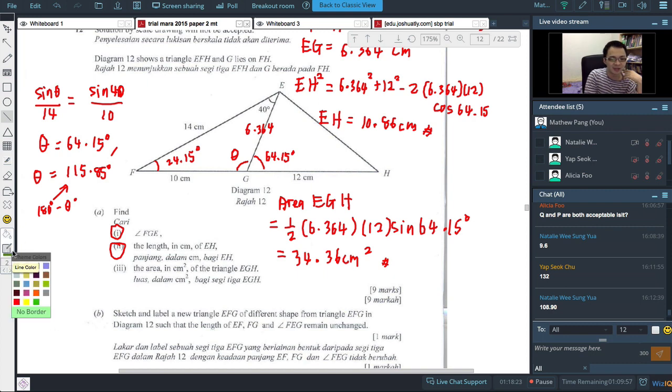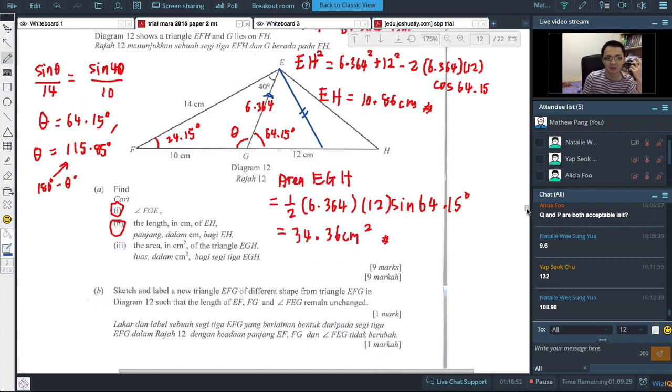For an isosceles triangle, you always do like this. Since he says two lines cannot change, I can only change this line. So I will make sure this length and this length are the same. Then you just sketch it, it will look something like this maybe.